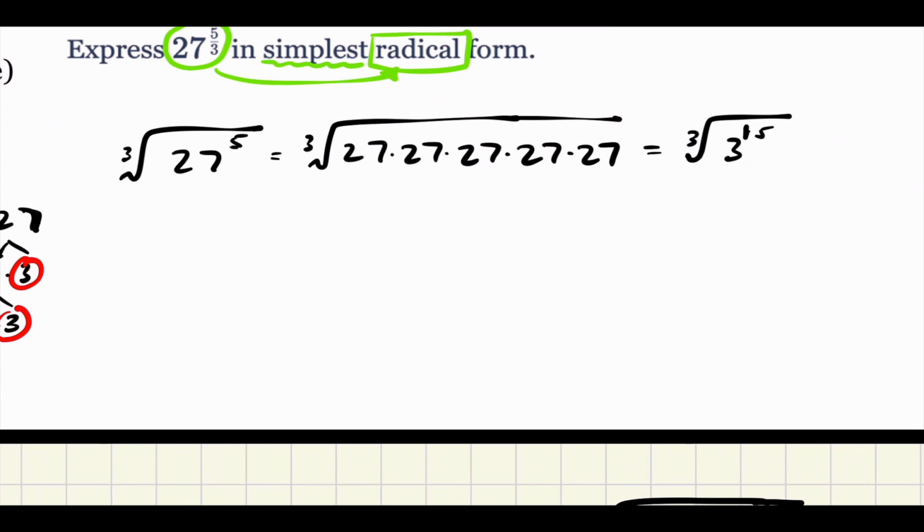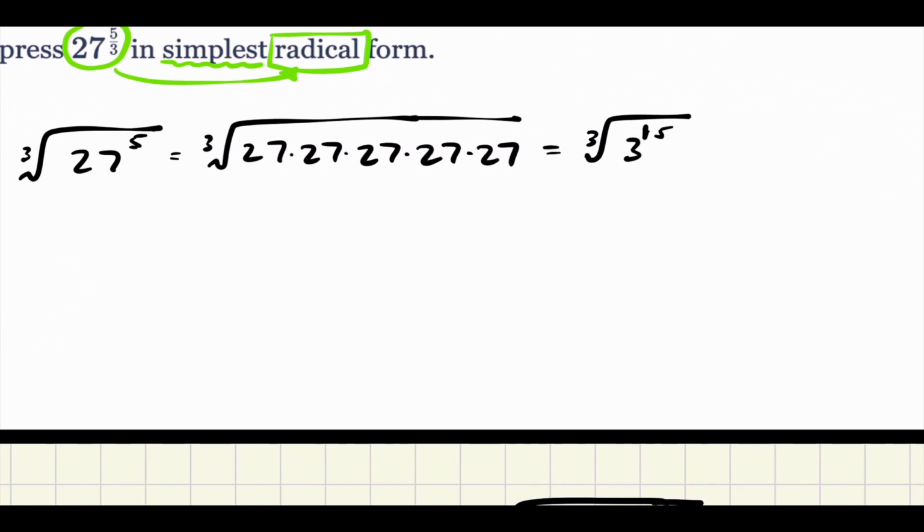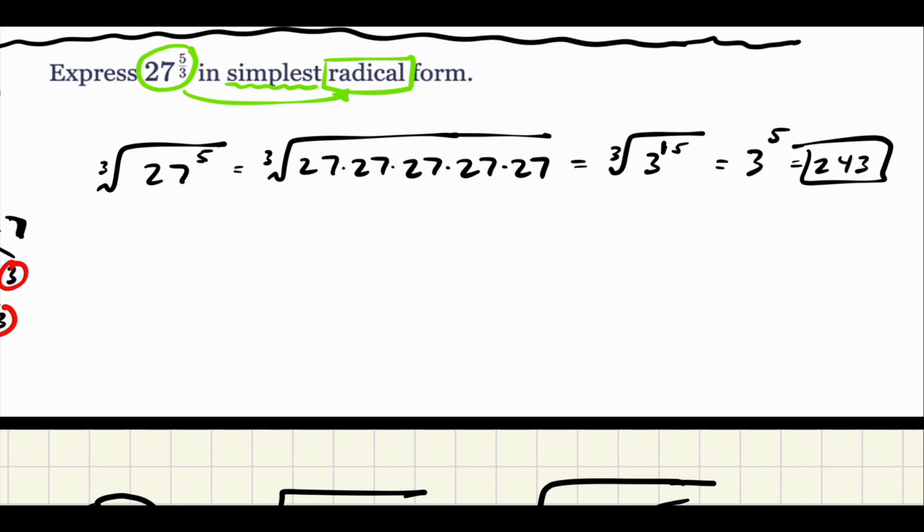How many groups of 3 am I going to have? 5. So it's going to be 3 to the 5th. Do I have anything left underneath? There's nothing left over, right? So 3 to the 5th is the same thing as 243. That's your answer. No more root. I didn't need the root anymore because there was nothing left on the inside. I was looking for groups of 3 and I had 15, so 5 groups.